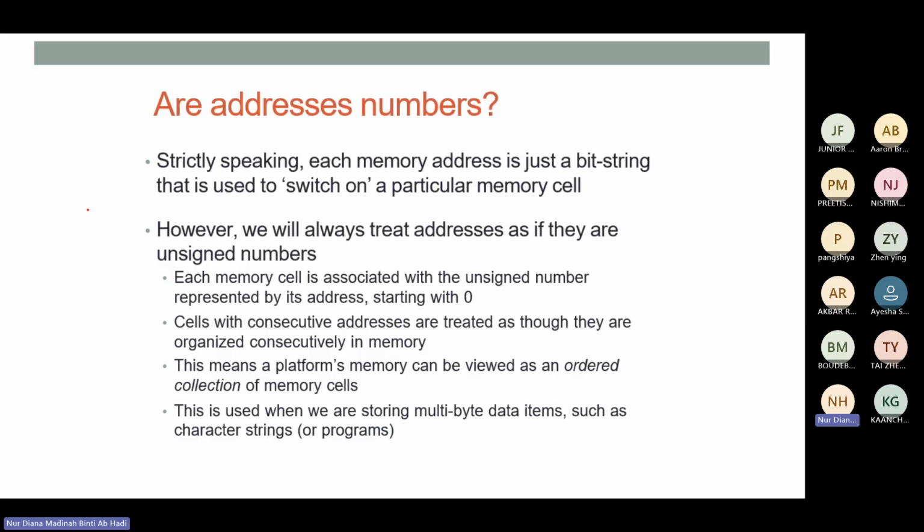You are not going to start with 1, it must start with 0. Cells with consecutive addresses are treated as though they are organized consecutively in memory, so the platform's memory can be viewed as an ordered collection. This is used when we are storing multi-byte data such as characters, strings, or programs.